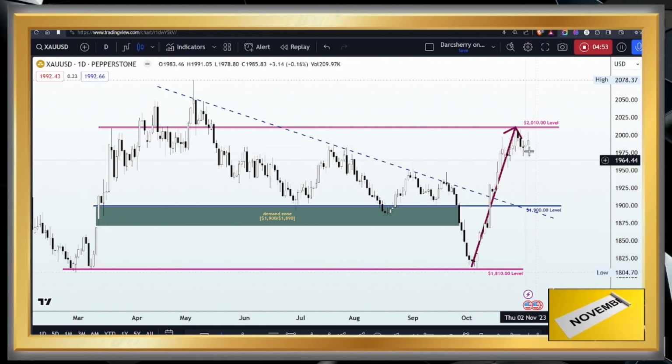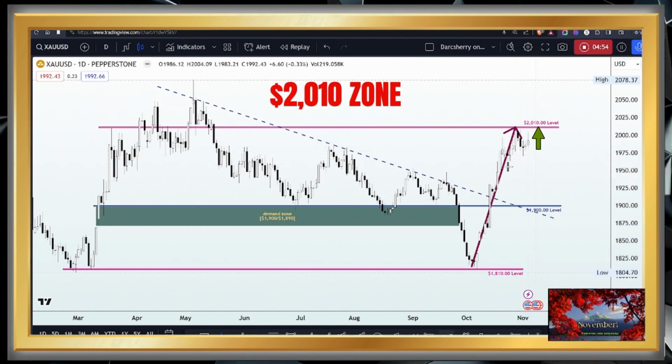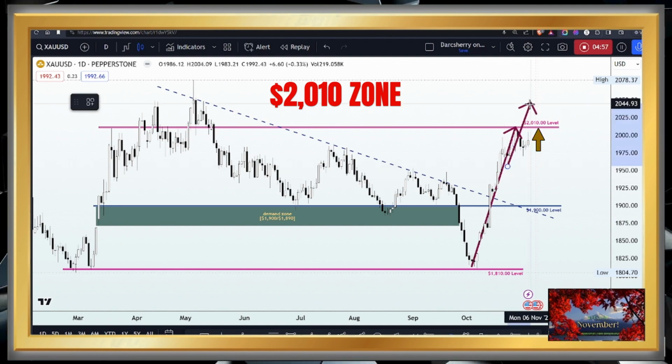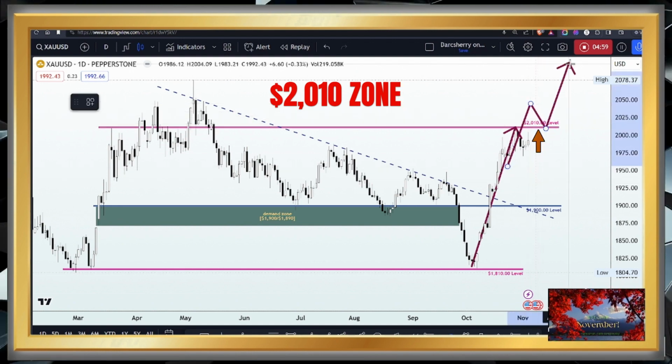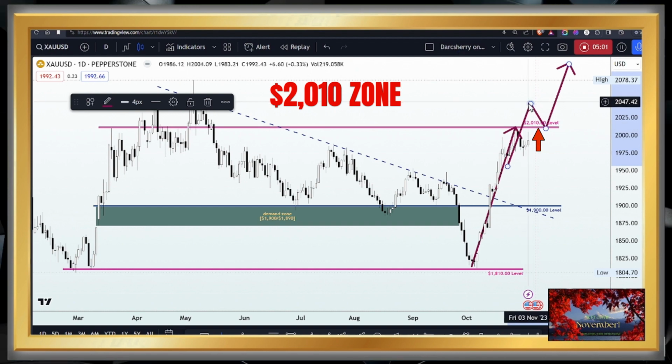However, if price action will break out of the $2,010 mark, then this might likely incite an uptrend continuation.